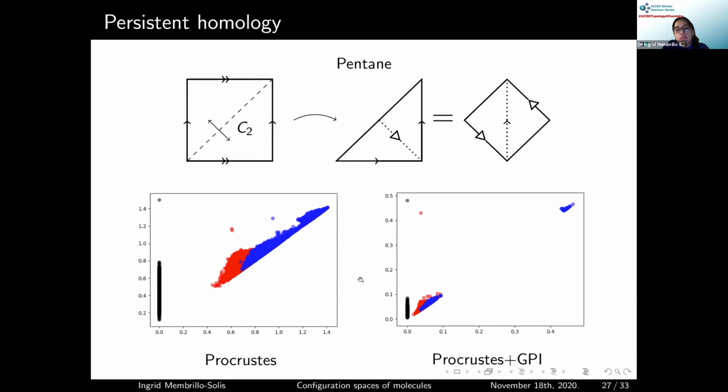But when we study the orbifold configurational space of pentane, we see that the topology has changed. Now we have only one connected component and only one circle, and the void has disappeared. So with that, we confirm that these two spaces are not topologically equivalent.